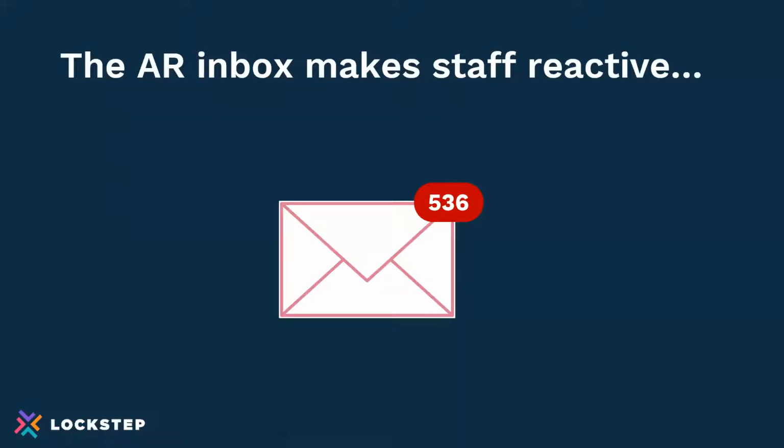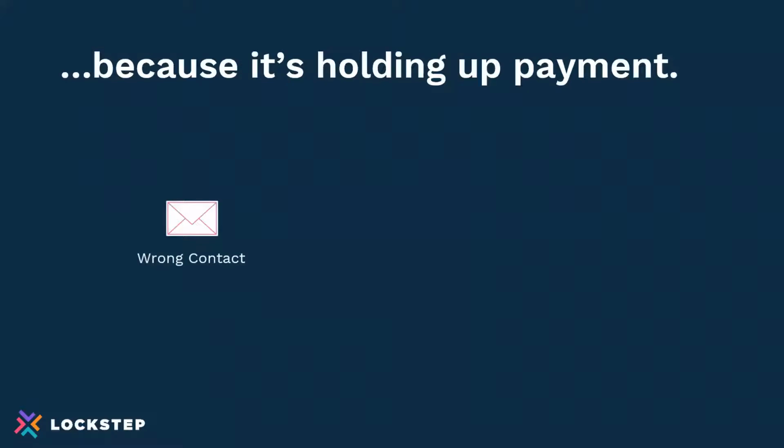So as we mentioned, the inbox really can make your staff very reactive because a lot of payments are held up waiting for a response. For example, a customer sends a wrong contact email, asking for an invoice to be sent to somebody else. A customer may request a W-9 before they process the payment in their ERP.